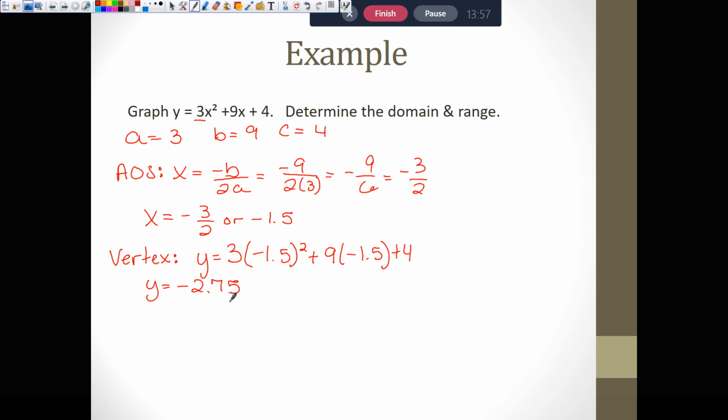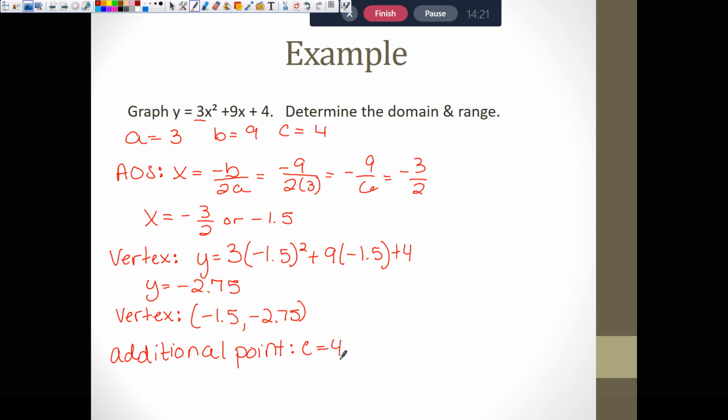So our vertex is -1.5 and -2.75. So our additional point, we didn't use our C yet, so I can use my C, which is my y-intercept. So now let's graph.